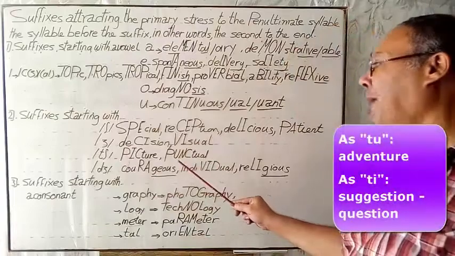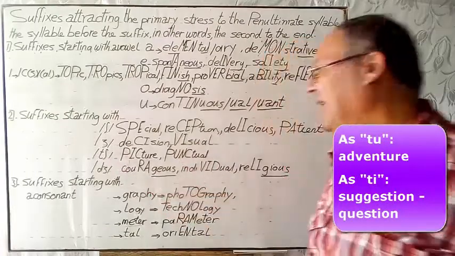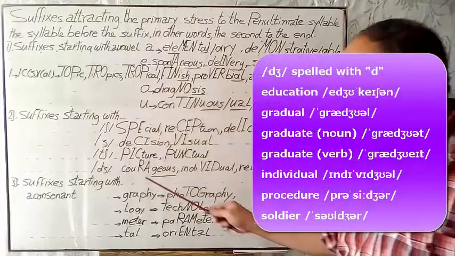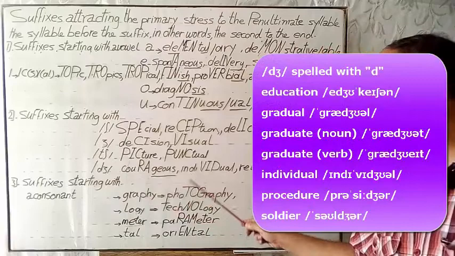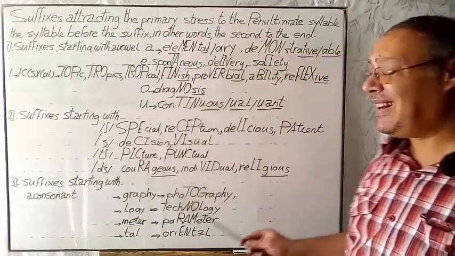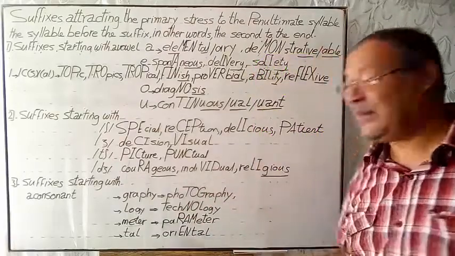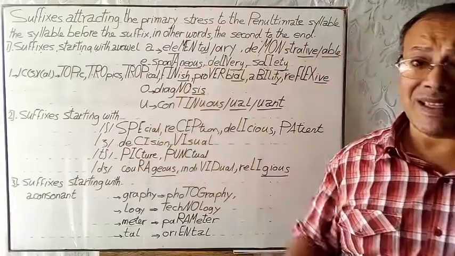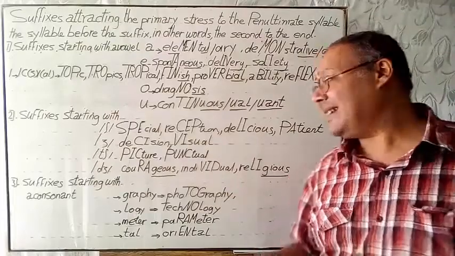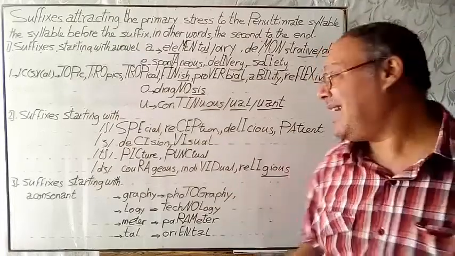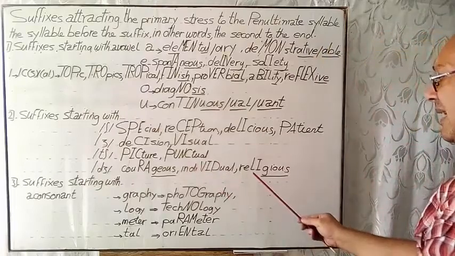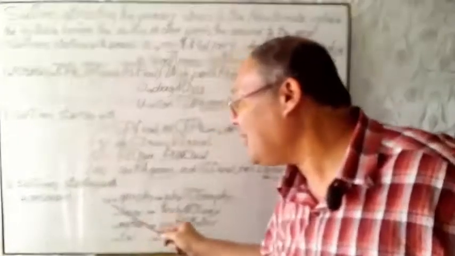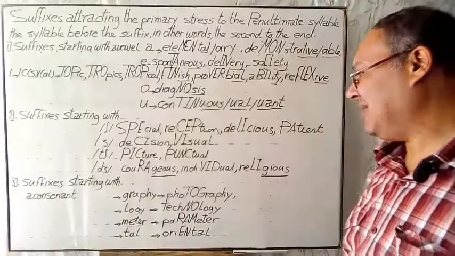Picture, punctual, it's ch sound. For the J, courageous, individual. Generally speaking, if D is followed by U, D is pronounced J. Similarly, if T is followed by U, it's pronounced ch, as punctual. Here, religious.